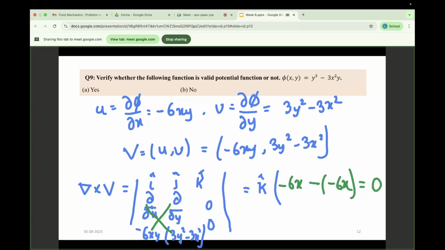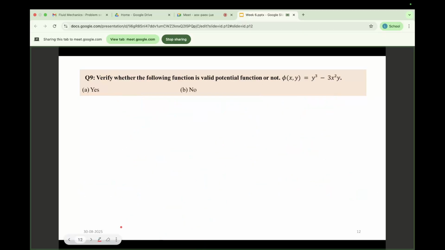Okay, now I have to check the compressible nature of this flow. For this, I am giving you this concept. So to check whether it is compressible or not, I am erasing this thing. To check the compressibility, I have to check whether this function should be 0 or not.